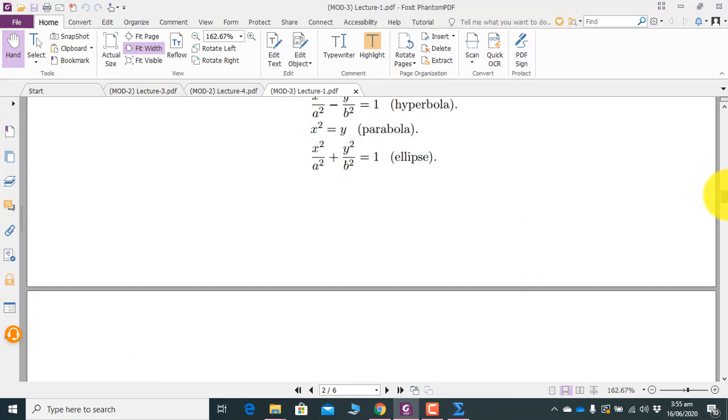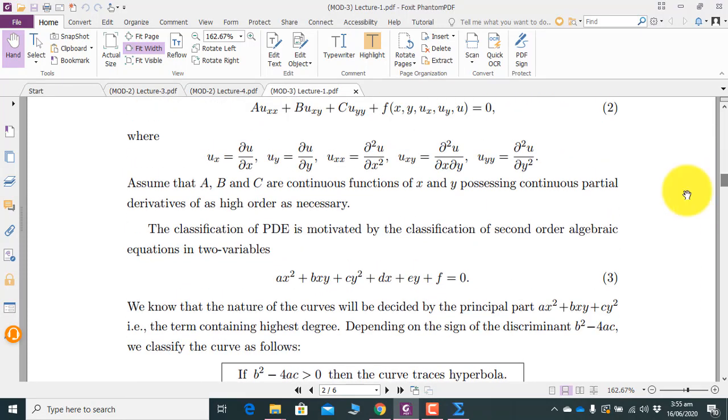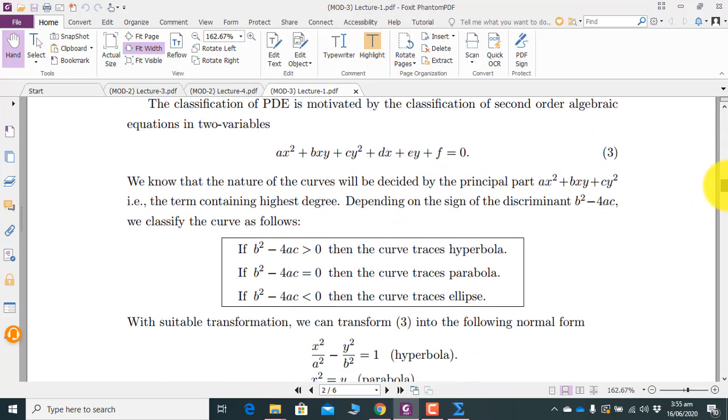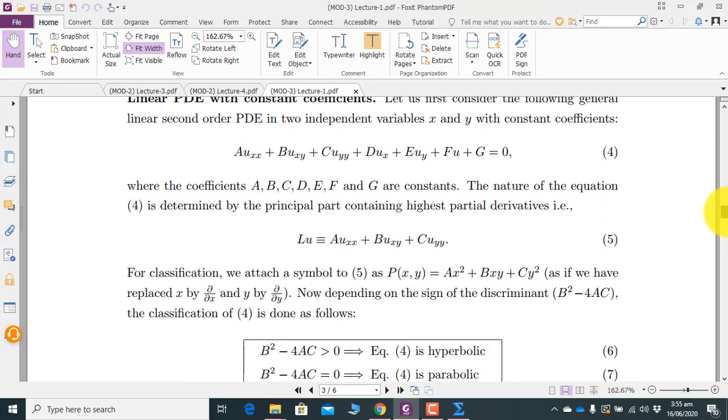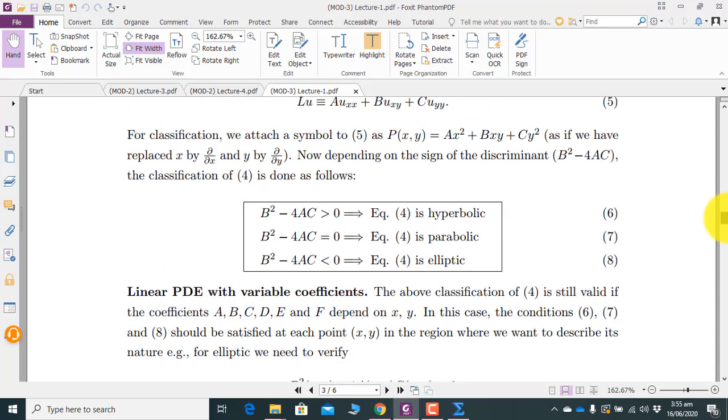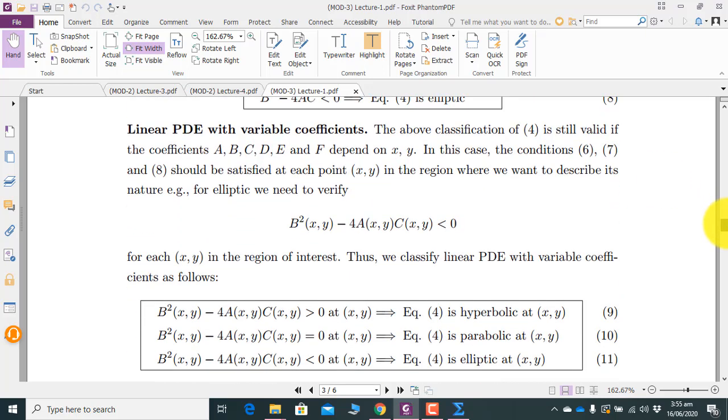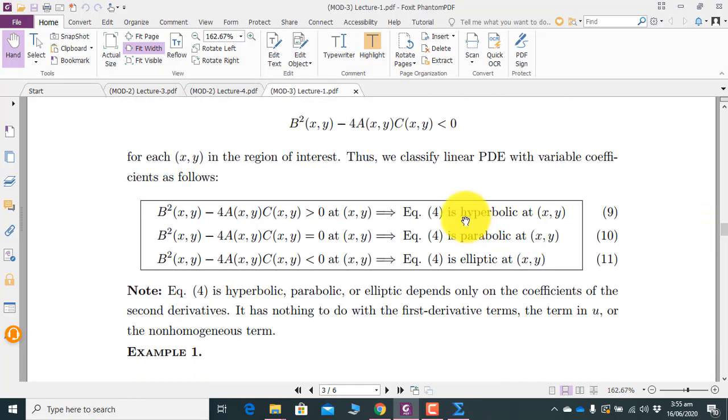Ax square plus bxy plus cy square. Yes, this is equation 3. We have developed a classification criterion depending upon equation 3: our linear partial differential equation depends upon one famous classical parameter, the discriminant. Depending upon the sign of the discriminant, we will tell which partial differential equation is parabolic, elliptic or hyperbolic, and in which domain.